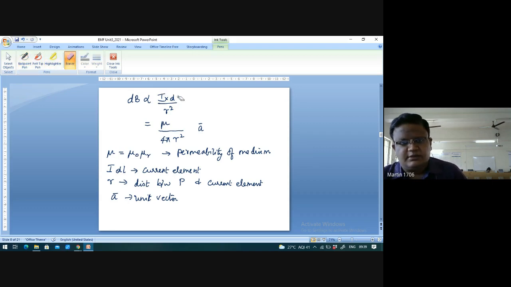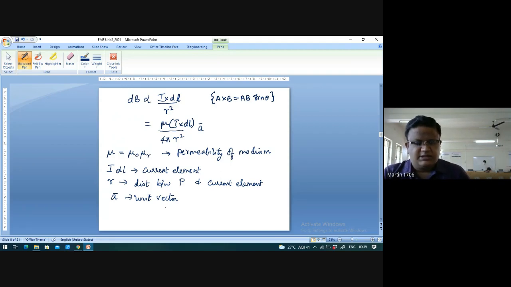I is one vector and dl is another vector. As per the vector identity, a cross b can be written as ab sine theta. So its magnitude can be written as dB equals mu IDL sine theta whole divided by 4 pi r square.